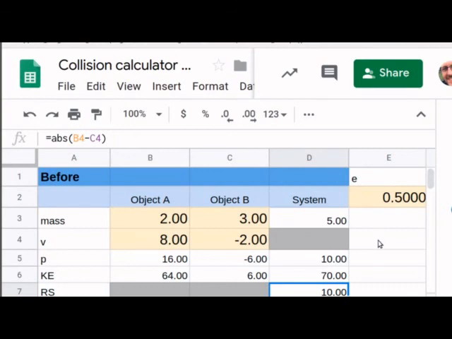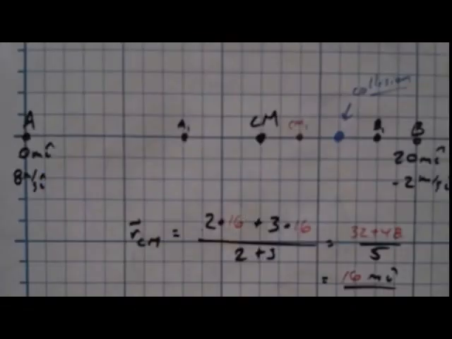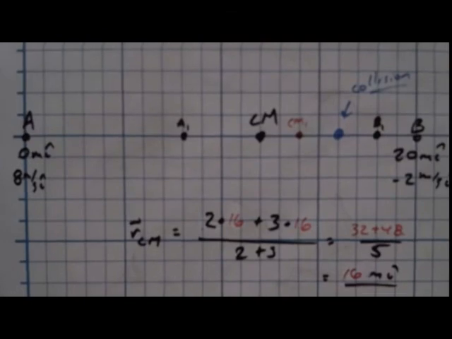Well, I think we need to do our standard collision calculations with an E of 0.5. So I'm going to set up a second whiteboard since this one doesn't have enough space to do that calculation. So I'll just put this to the side for the moment and move this one over here.